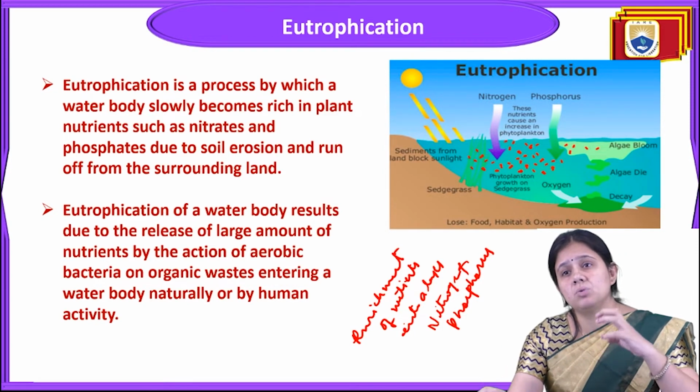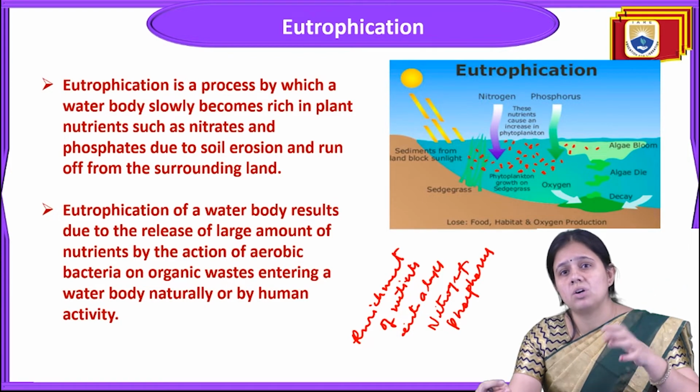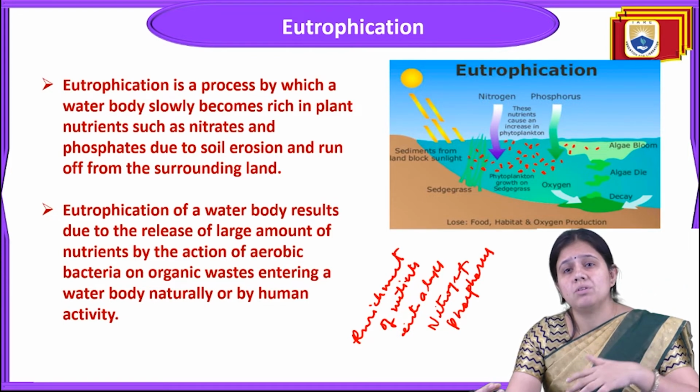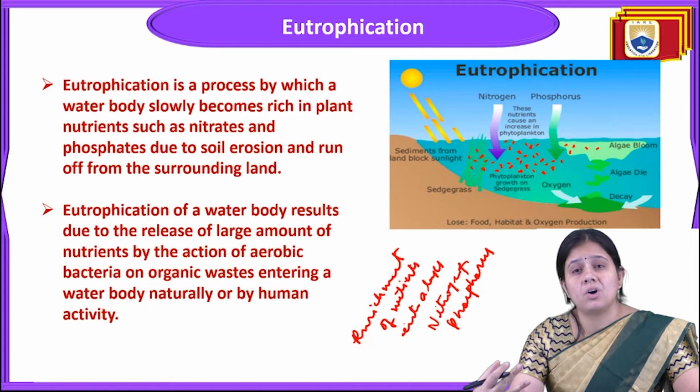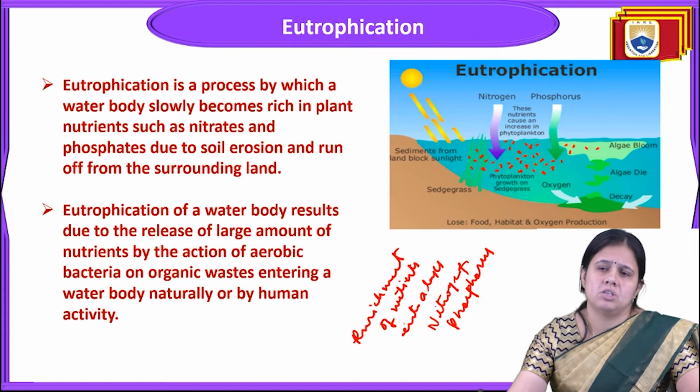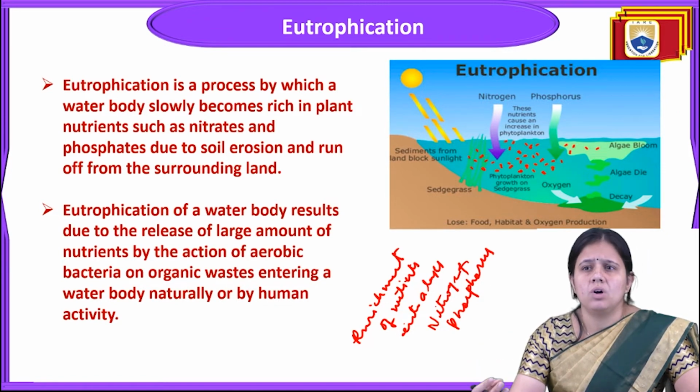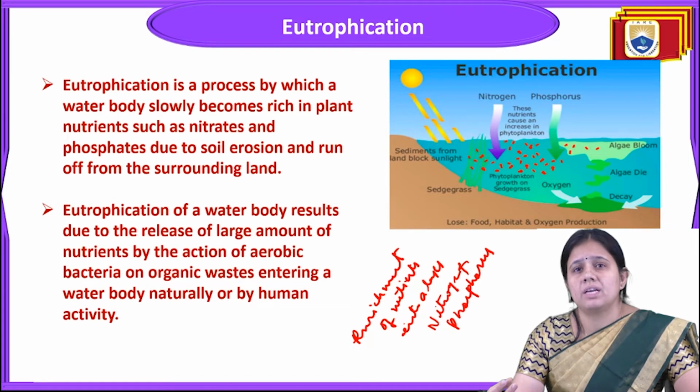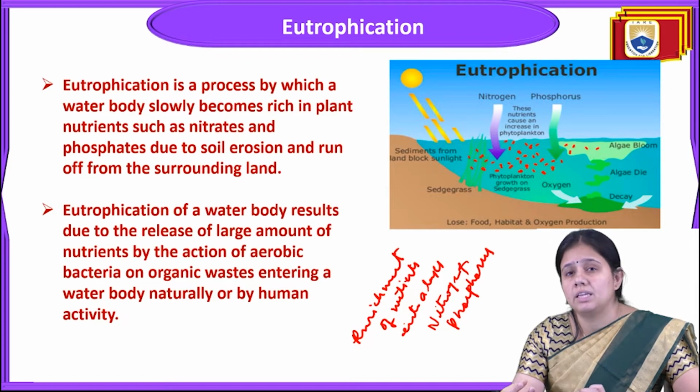With the entering of these nutrients, the amount of bacteria and organic waste automatically increases, and due to this increase in nutrients, algae and fishes increase in too much amount. This kind of condition is called eutrophication.